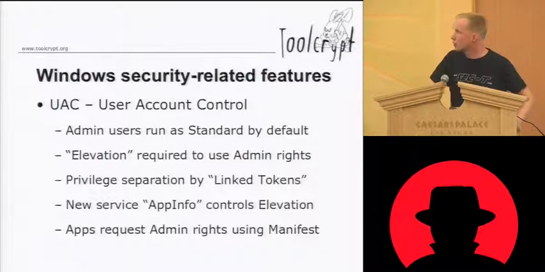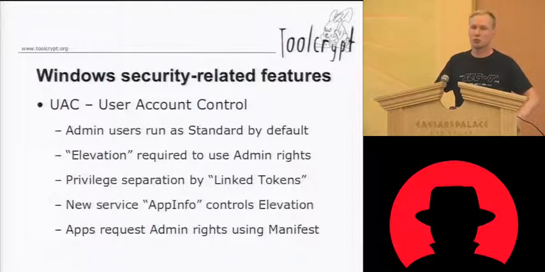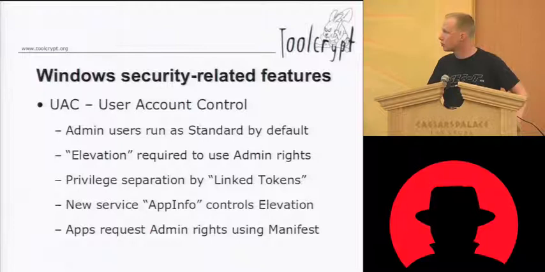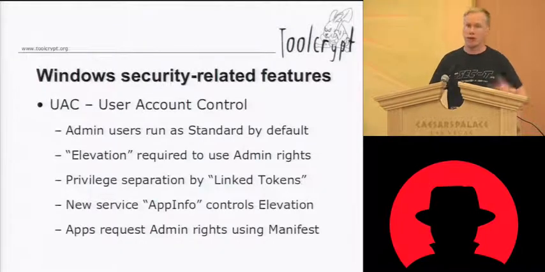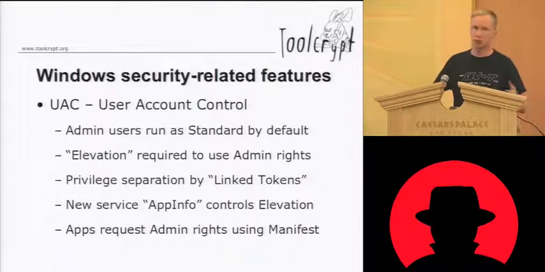They introduced in the token something called a linked token. And basically what that means is that a token can have a flag set that says that this token is basically a lower level token of an administrator or something like that. So it would set a bit in a flag field, and it would set a pointer to another token that is the actual token of the system administrator, with the privileges of the system administrator that have been restricted.